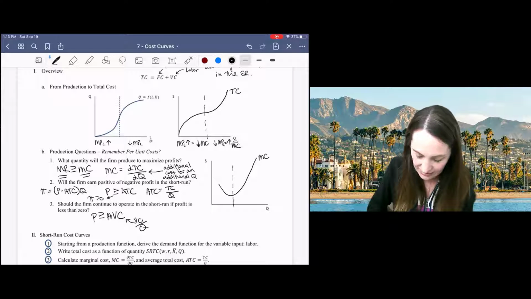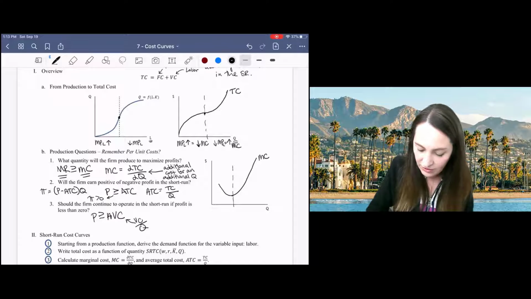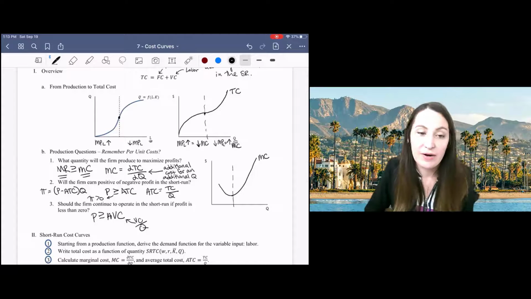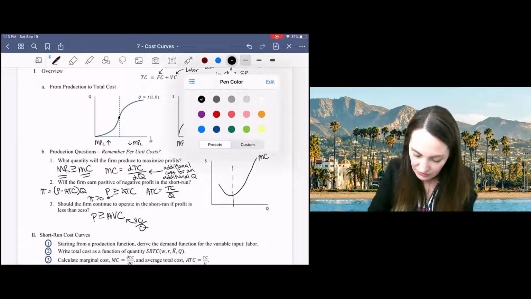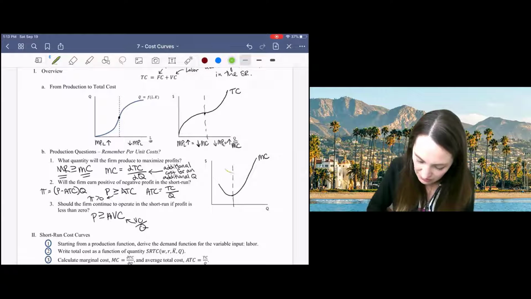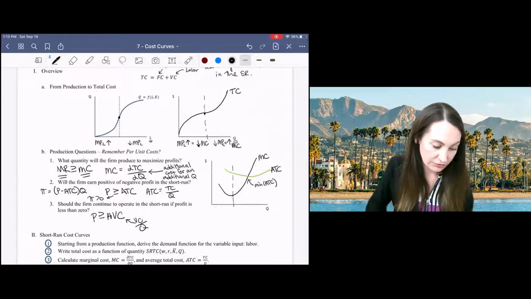Here's that dotted line where we made the switch from increasing marginal product to decreasing marginal product. And then your average total cost curve would intersect marginal cost somewhere up here. And that point where they intersect is pretty important. It's actually the minimum of the average total cost curve.